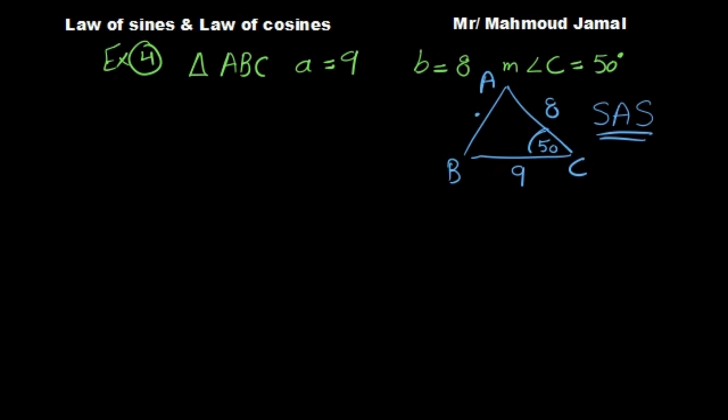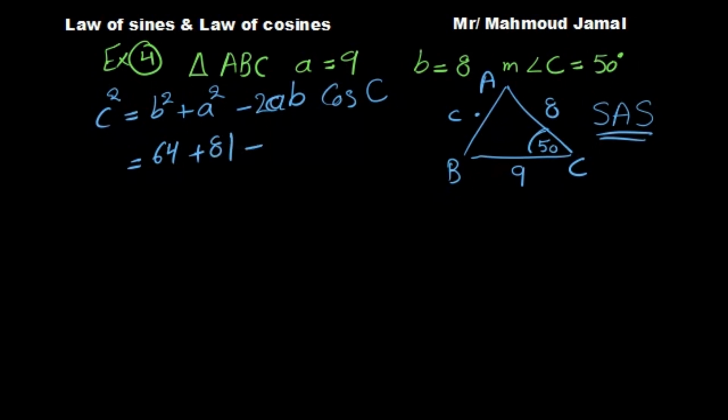This side is called c, so I will start with c power 2, which equals b power 2 plus a power 2 minus 2ab cosine C. b equals 8, so b power 2 equals 64, plus 81 minus 2 times 9 times 8 cosine 50.